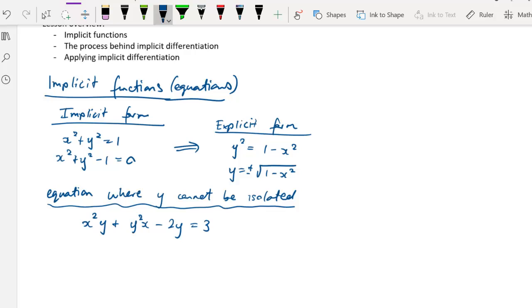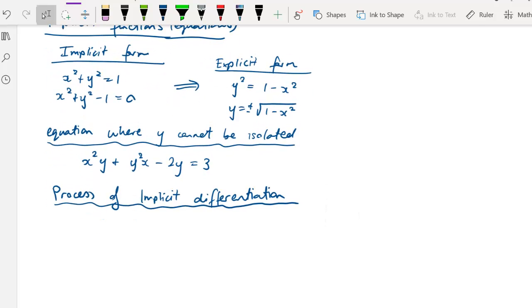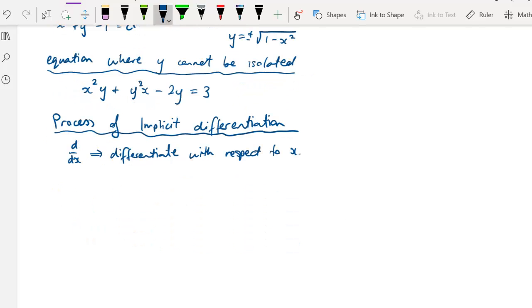All right, so we'll move on now to that process of implicit differentiation. Now it is simply this: if we're trying to differentiate with respect to x, so d dx is differentiate with respect to x, then there's room for us to manipulate this, and we can say that d dx, if we split this d and dx, we can fill in with a third variable in between.